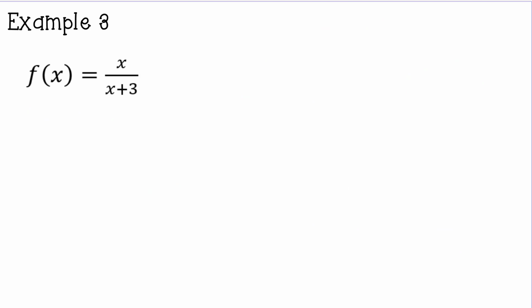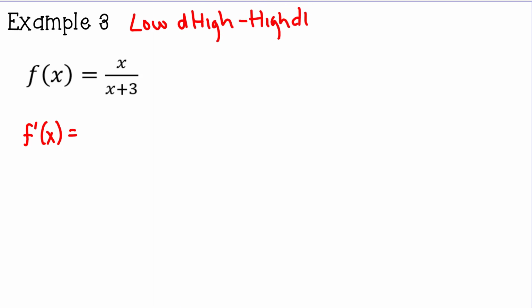All right, the last example, I just wanted to do another one that has a different rule involved. So this one is dealing with quotient rules. So you might want to take a second, pause the video, do the quotient rule, and then check and make sure you got the correct derivative. So we're going to set this derivative equal to 0 once we have it. So the quotient rule is low d high minus high d low all over low squared.